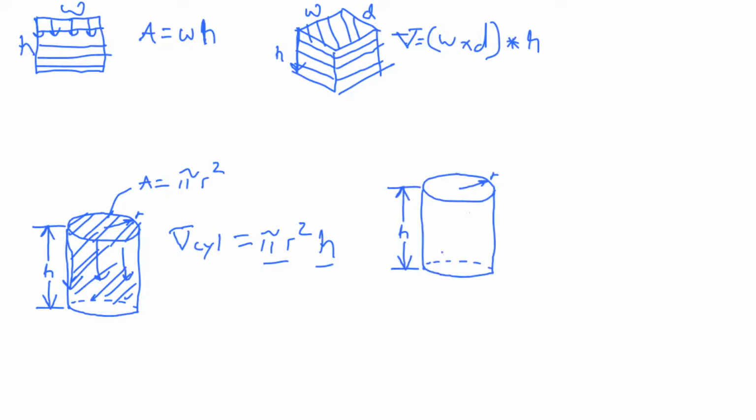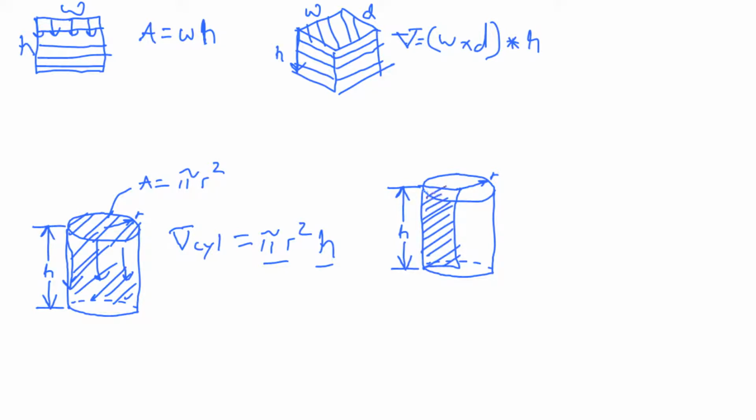Now I'm going to show you an additional technique for calculating the exact same volume, the exact same formula. Imagine we have a knife, and it slices our cylinder right through the top, all the way to the bottom. So we're creating a cross section right here.